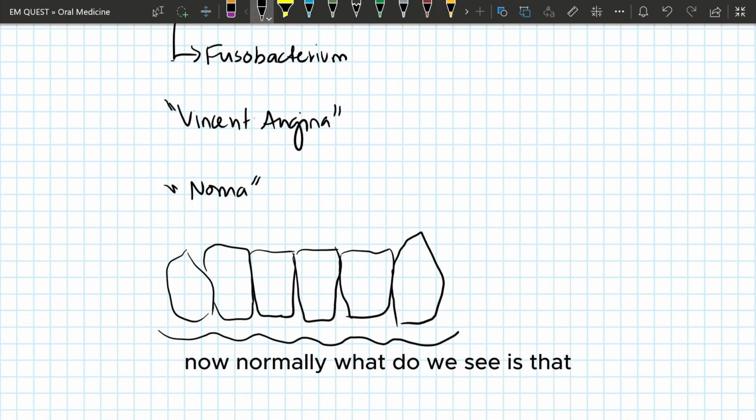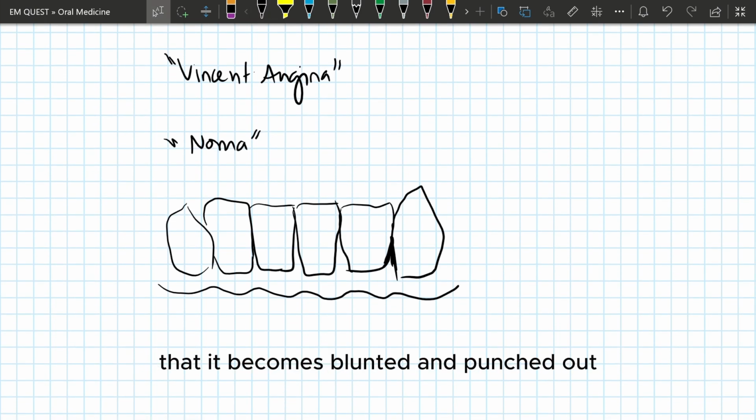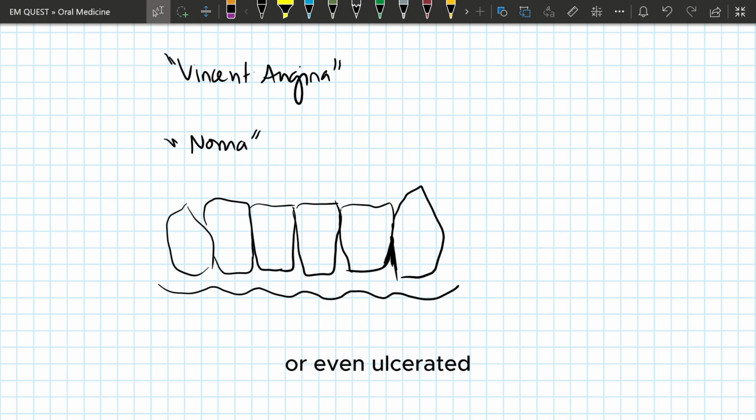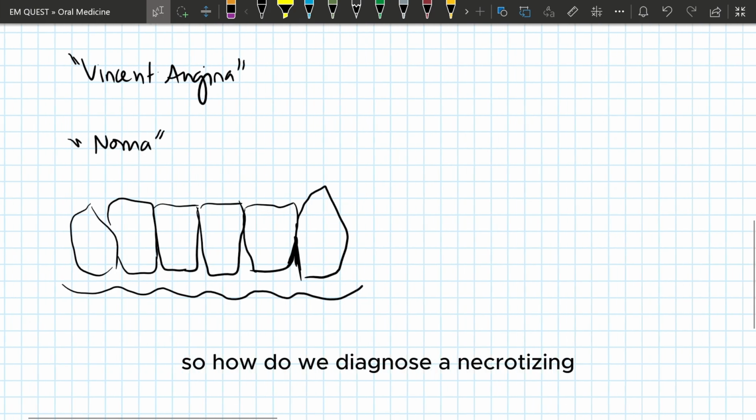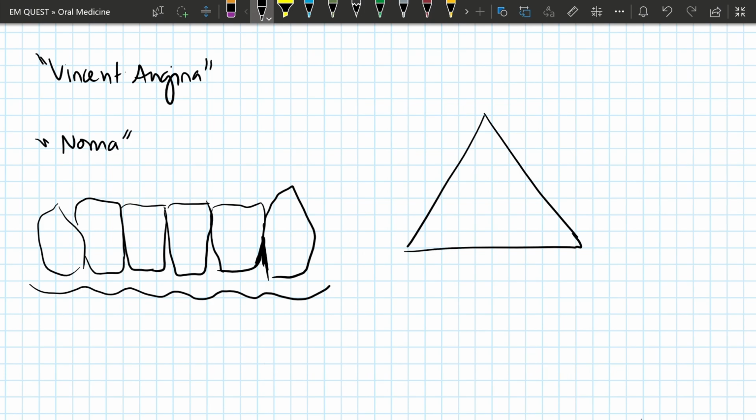Normally the interdental papillae, which is basically this area, are pointed. But in necrotizing disease, they become blunted and punched out or even ulcerated. So we diagnose a necrotizing periodontal disease by papillary necrosis.